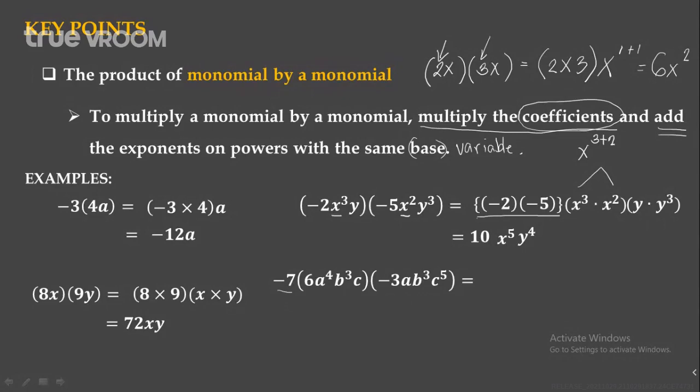What are these numerical coefficients? Negative 7 times 6 times negative 3. Very good. Next, for a, can you give me the next step for a?